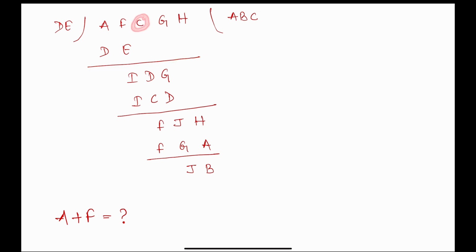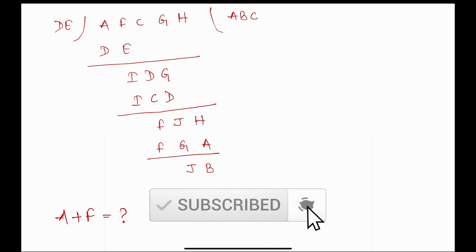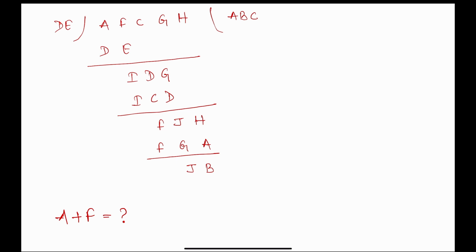One thing, let me tell you, this always happens: the question will not be in this manner. So first let's understand the question, then we'll find the attacking point. If G is coming directly in the very first step, then in the very first step AFC minus DE was there.